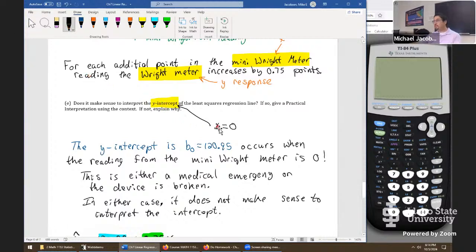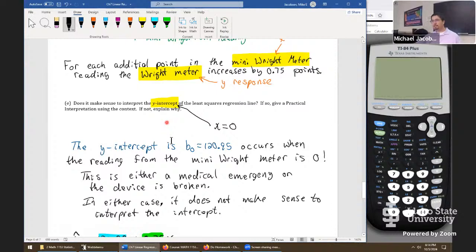Again, at an intercept, you have a value 0 on the explanatory variable. And in a lot of problems, that has no actual bearing on the context. It's a nonsensical value, or something like this, where we probably have to just stop the experiment. Something has gone terribly wrong. But any questions, folks, with interpreting the intercept on this one?